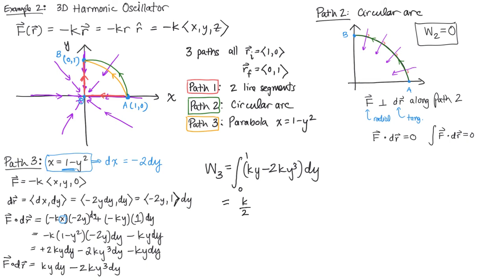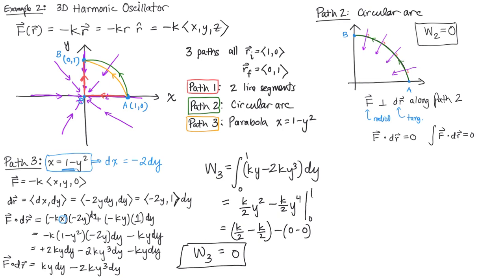The first term is k over 2 y squared. The second term will be minus k over 2 y to the 4th. And we're evaluating this at the limits 0 and 1. So we'll get a k over 2 minus a k over 2 from the y equals 1 term, and a 0 minus 0 from the y equals 0 term, and notice we end up with no work as well along the orange path.